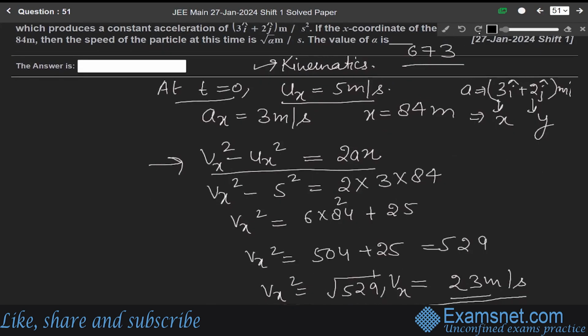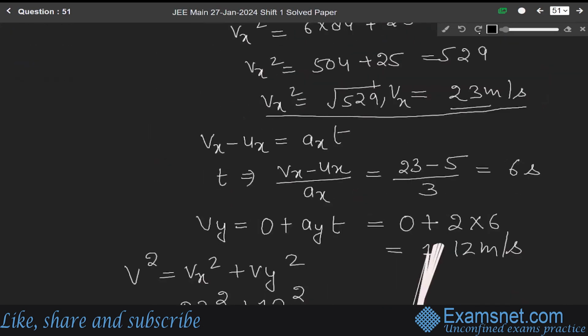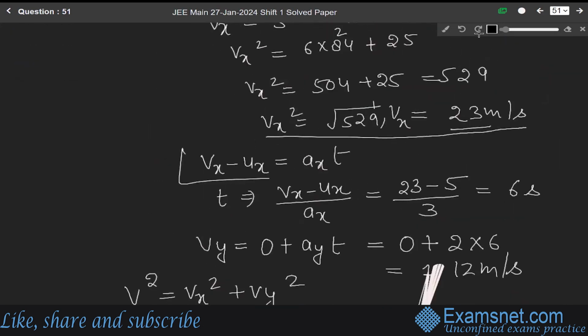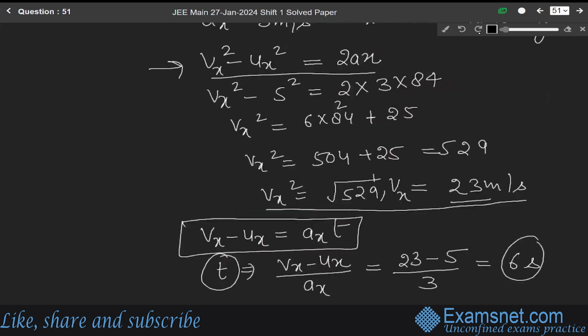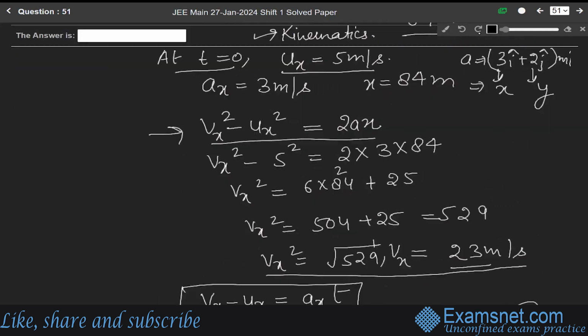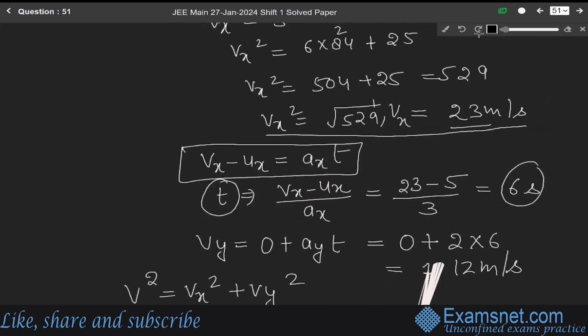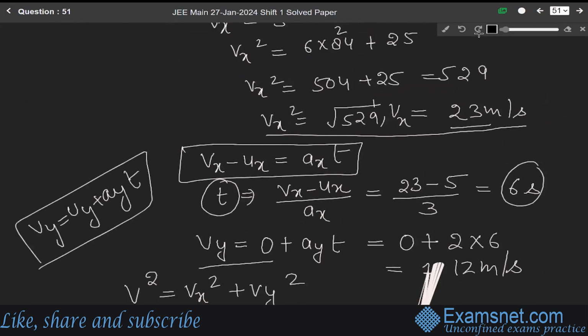Now v minus u equals at. So from this we find the value of t, that is 6 seconds. Now for the y coordinate, vy will be equal to uy plus ayt. So uy is 0, so we get vy equals ayt.